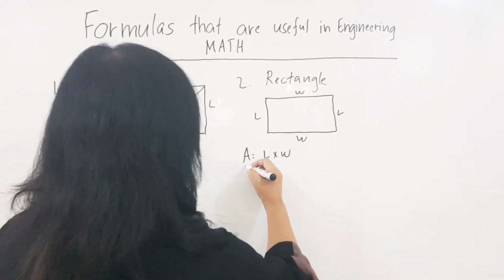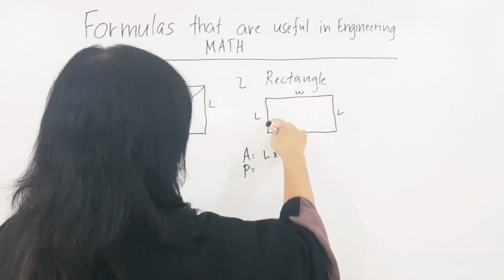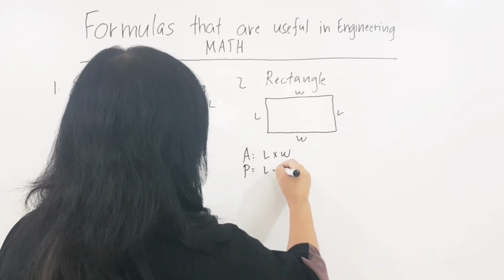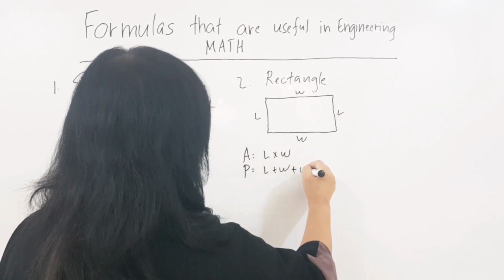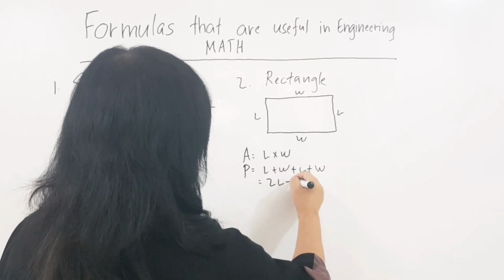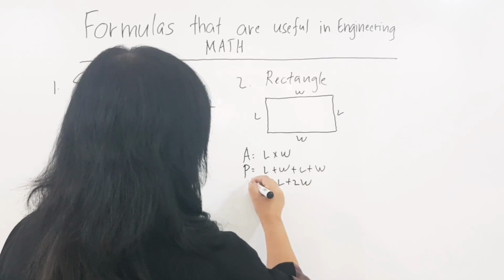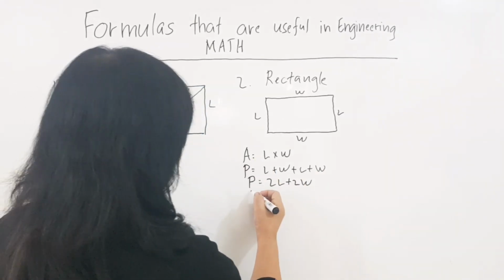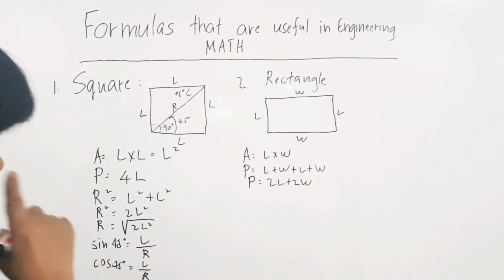And the perimeter, of course, is the sum of the sides. So L plus W plus L plus W, which is equal to 2L plus 2W. This is the perimeter. See, it is easy.